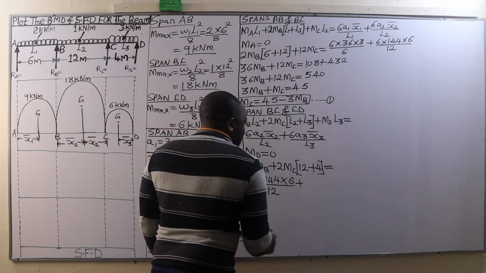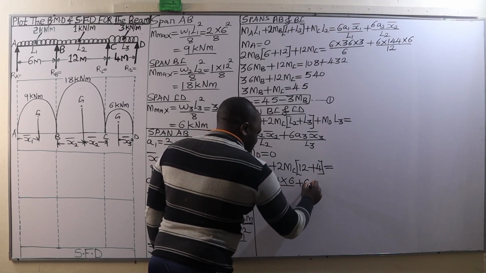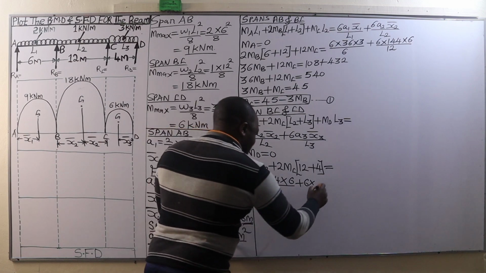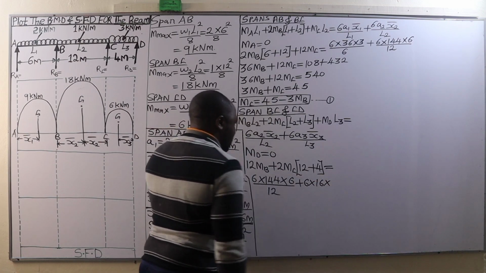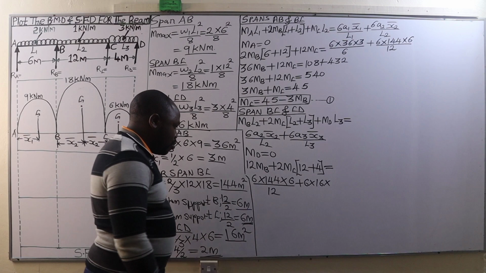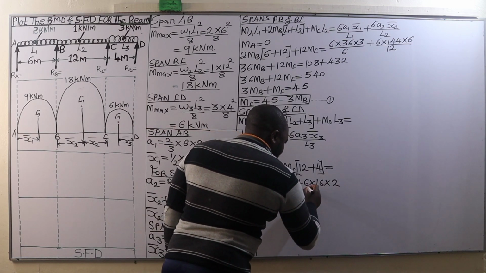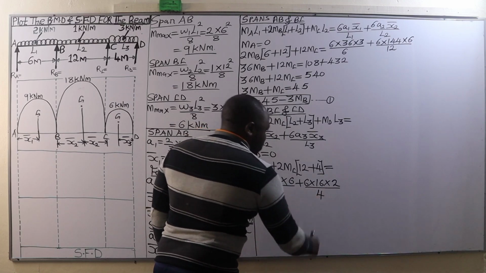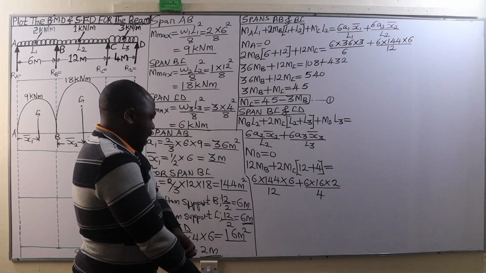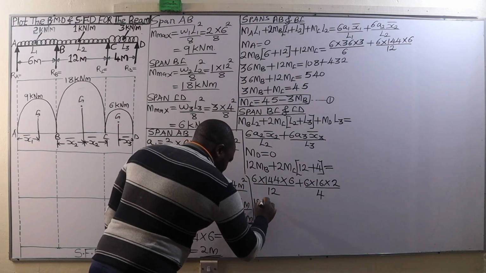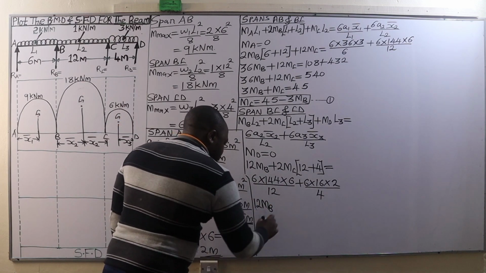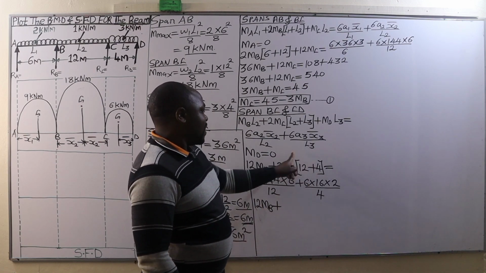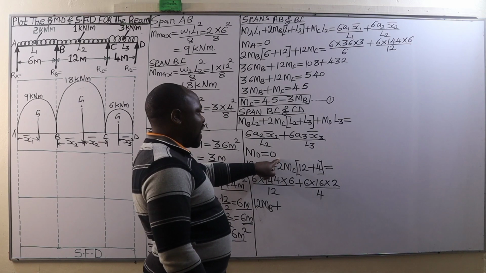And then we add 6 multiplied by A3. A3 is 16 square meters. Multiplied by x3, which is 2 meters. And then we divide that by L3, which is 4 meters. And that's going to give us 12 MB plus 12 plus 4, that is 16. 16 times 2, that is 32.